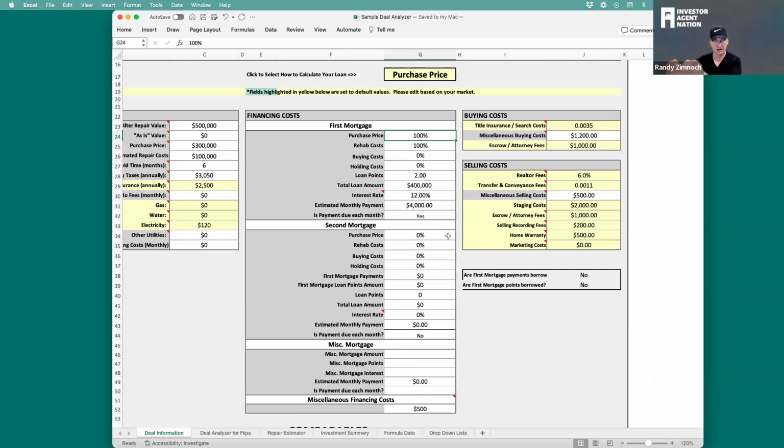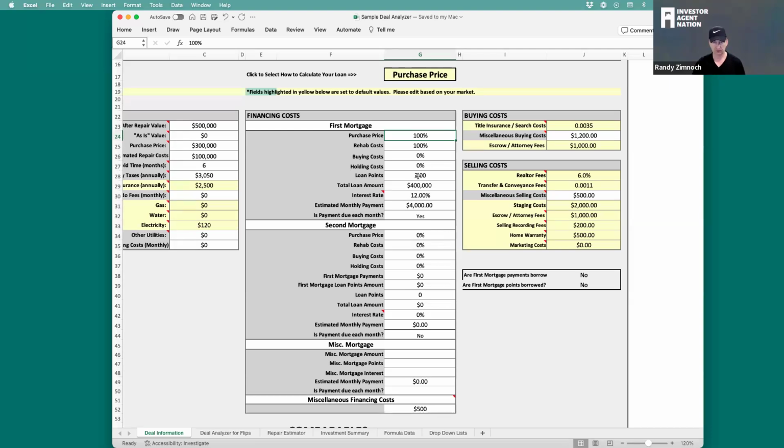They're going to keep it in an escrow account and release it in draws based on progress of the rehab. So in this case, Eric shared this investor is getting 100% of the purchase price and 100% of the rehab cost from this hard money lender, with 2 points and 12% interest.